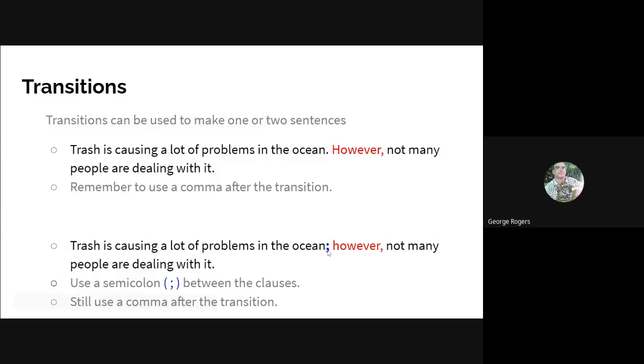So we've got a semicolon, and we're going to use a transition, comma, and then the other part. With transitions, we're putting together two independent clauses, so they could be standalone sentences. So what they asked us for, we're going to use semicolons and commas for all of them.